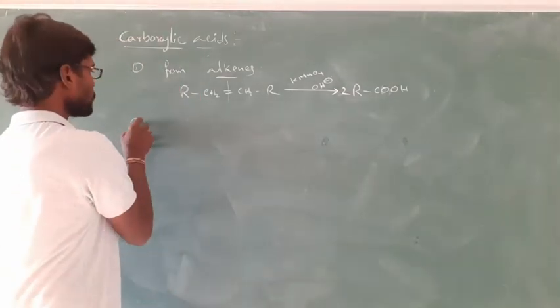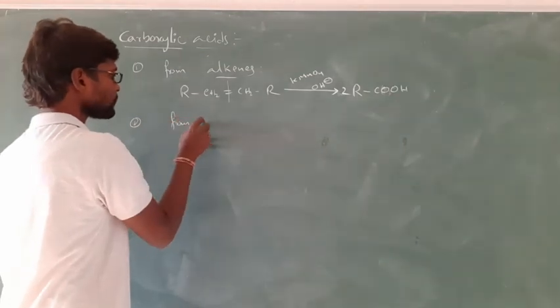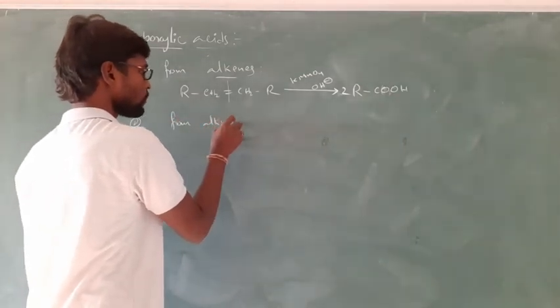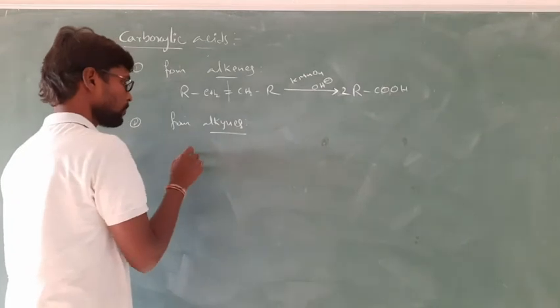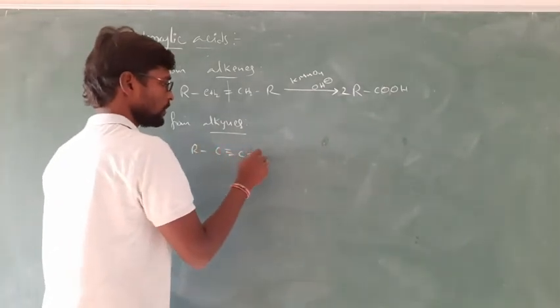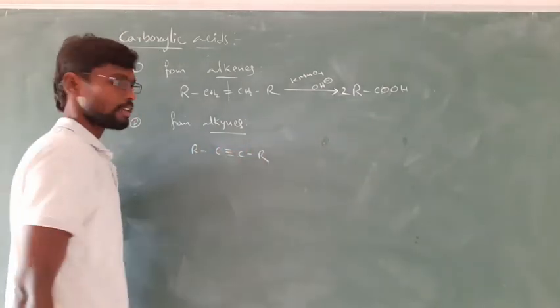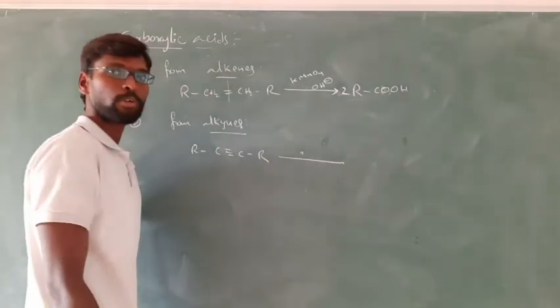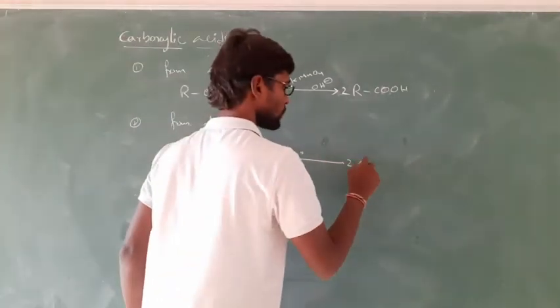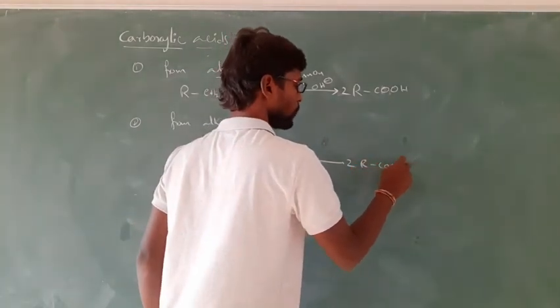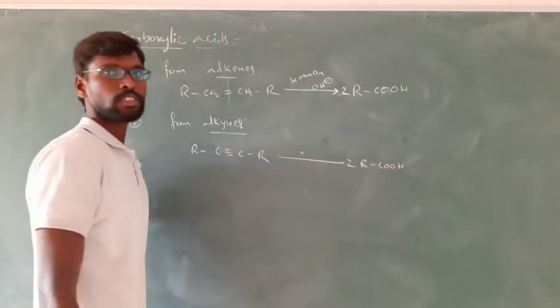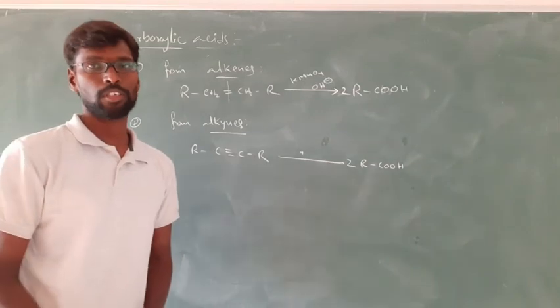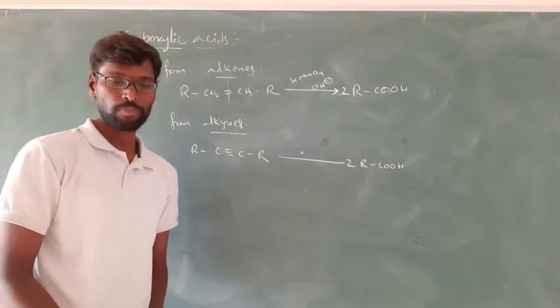So next one is from alkynes. Same thing: RC≡CR, with the same reagent, alkaline KMnO4, and the products are also the same, RCOOH. So this is the second method for the preparation of carboxylic acid, from alkynes.